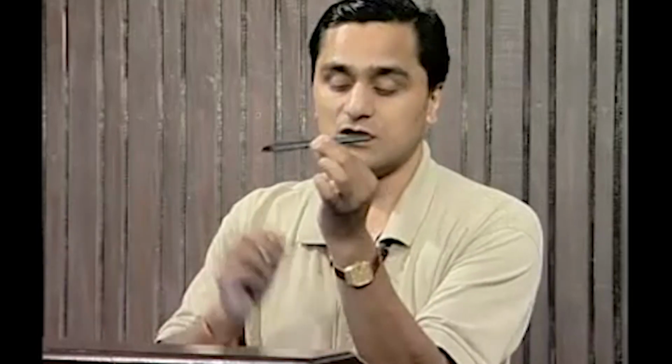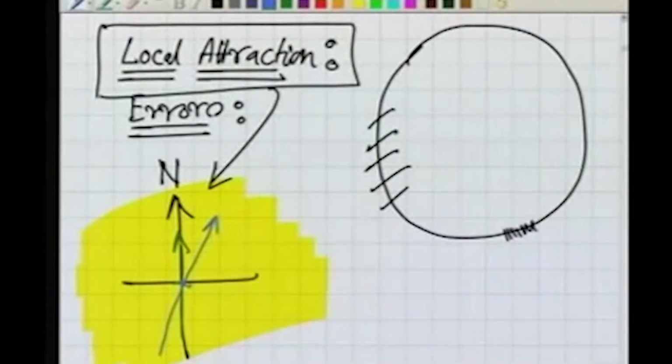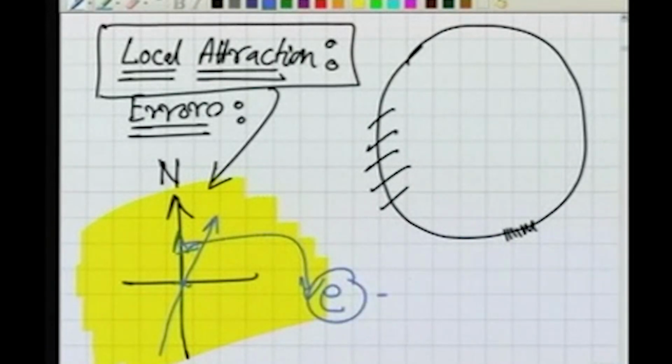Now, if that is the case, we are using a needle like this, or maybe we are working in an area like this, this particular error here, let us say I write it as E, error as local attraction. Now, this local attraction may also be because of some magnetic items which are in my pocket. So, we do not consider those things as local attraction, because this is something because of the observer.